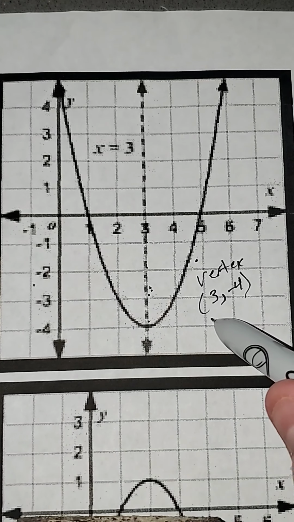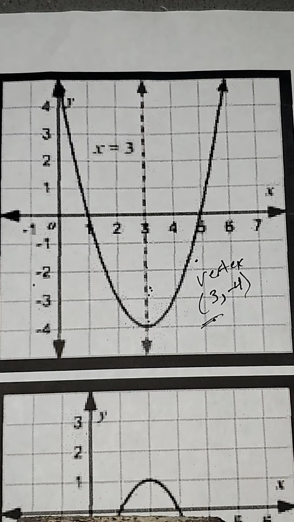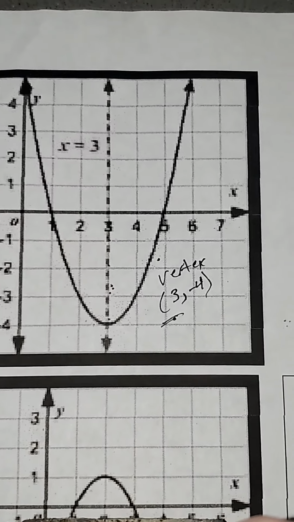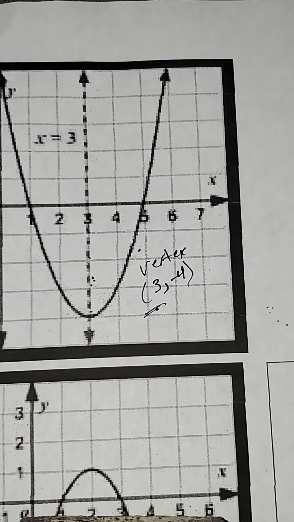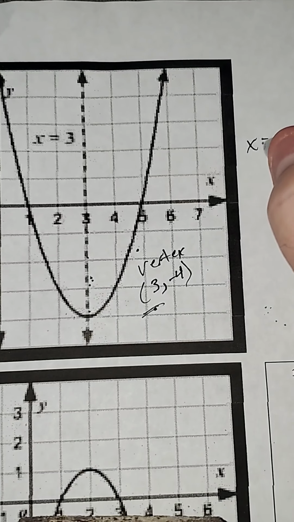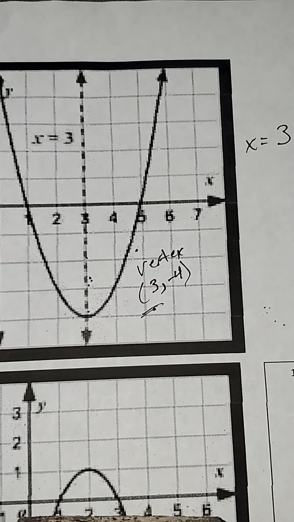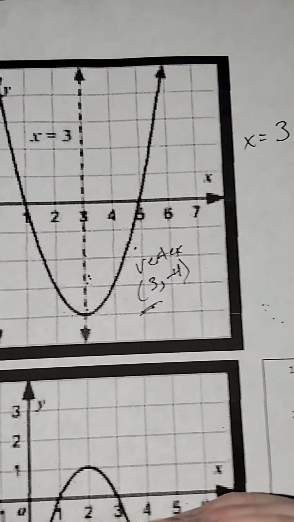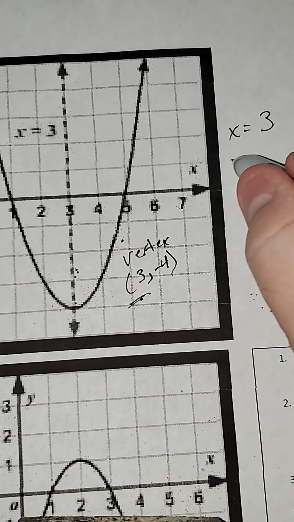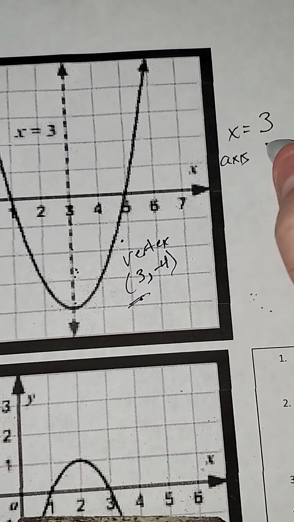We're going to write the x value of the vertex as a little equation. Again, all I'm going to write is x equals 3, because that's what it does at the vertex. And now I have written what? It's the thing called my axis of symmetry. Okay? Cool.